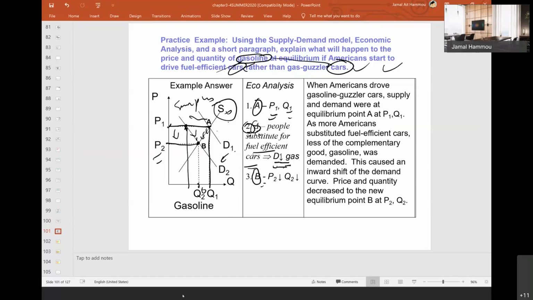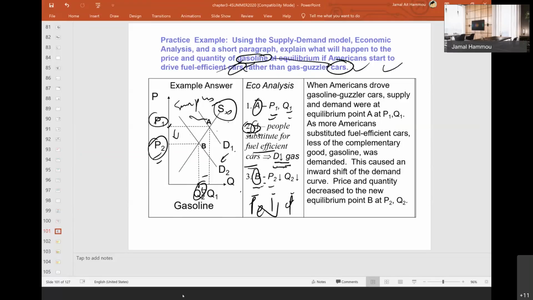We just say, okay, in the long term, we have a new equilibrium at B with the price P2, Q2. And then I will say, what happened to the price? The outcome will be that the price moved down from P1 to P2. I will draw the price equilibrium going down. And what happened to the quantity? We moved from Q1 to Q2. Okay, so that's the new equilibrium, and the quantity will go down.